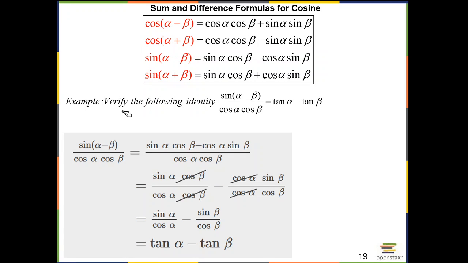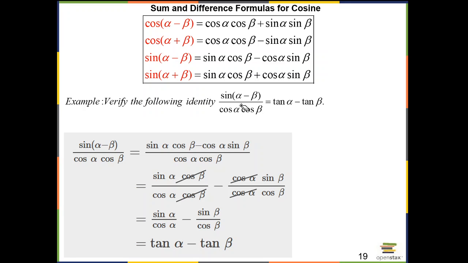Here is an example. Verify the following identity, that this equals that. So remember we talked about identities, right? When you write an identity, this identity is true in the domains of the expressions involved, right?